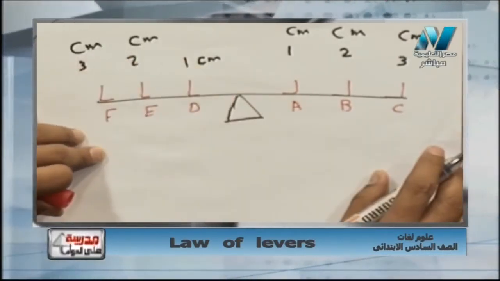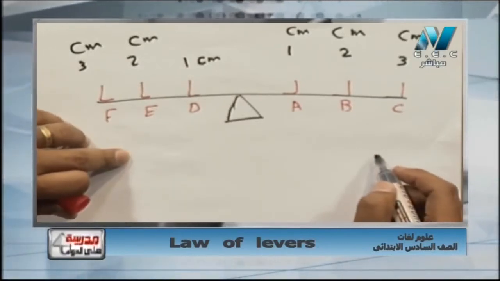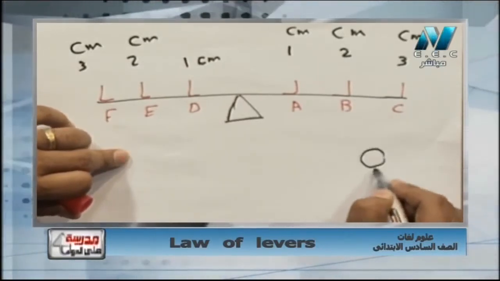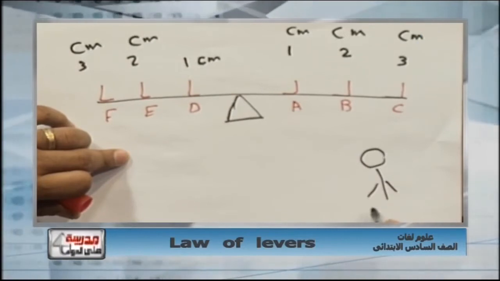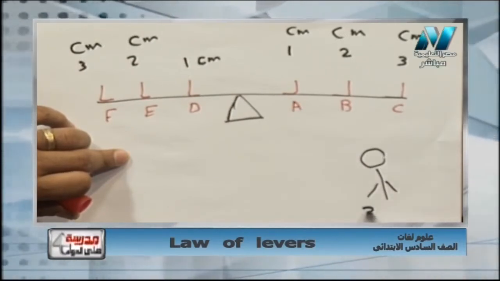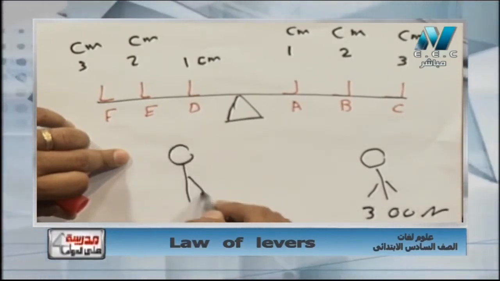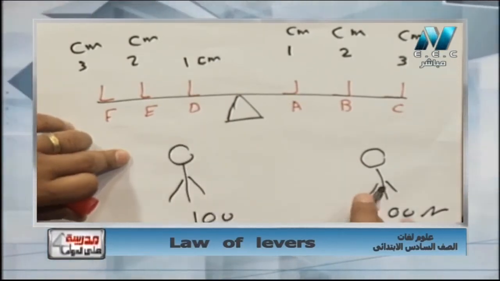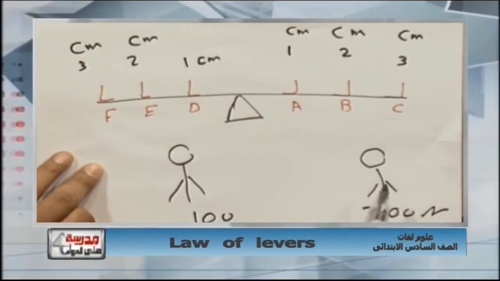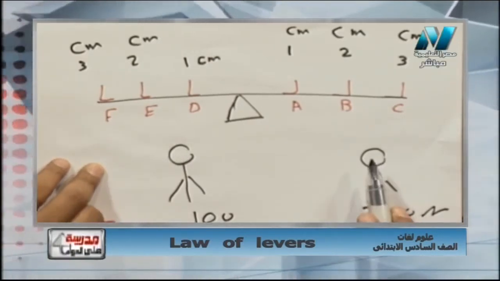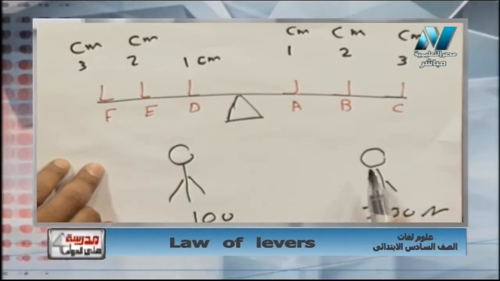And I have 2 objects, 300 Newton and 100 Newton. I want a place, a seat, for each one.